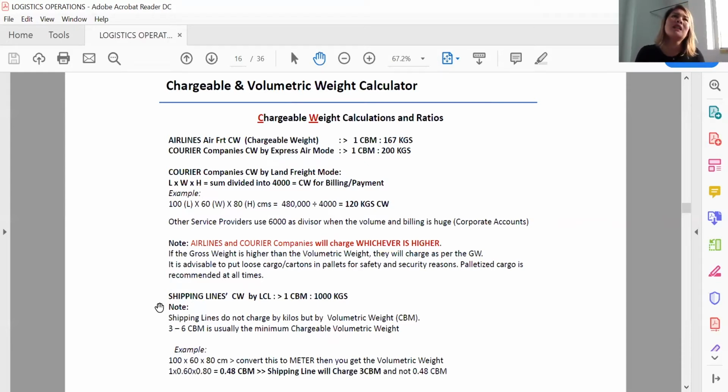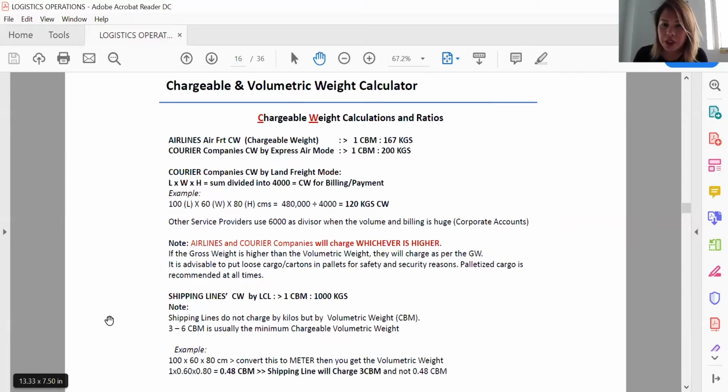We will always keep asking, give me a complete detailed packing list in order for me to give you an accurate landed cost. Okay? So this is it. Shipping line chargeable weight by LCL, 1 CBM, cubic meter, is equal to 1,000 kilos.